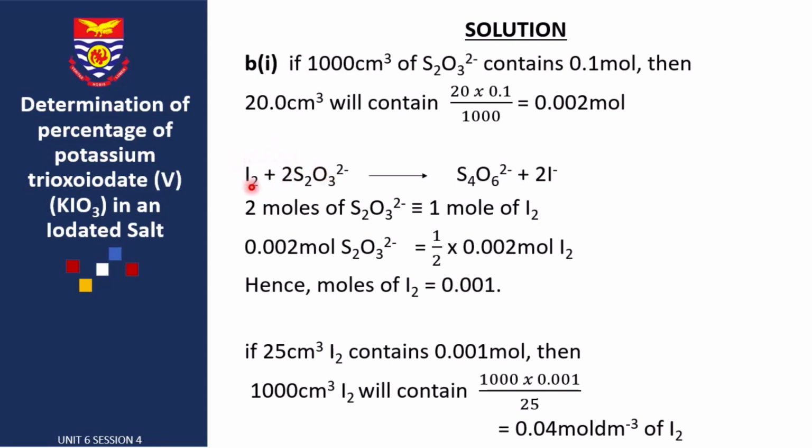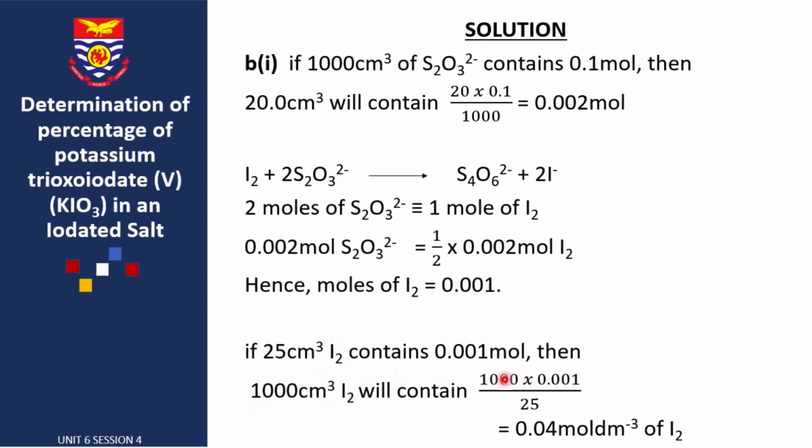So once we have this number of moles in the 25 cubic centimeters, we can just work it out into moles per decimeter cubed, and that gives us the concentration of iodine in A. Okay, so if this 0.001 moles is contained in the 25 cubic centimeters, then 1000 will contain how many moles?